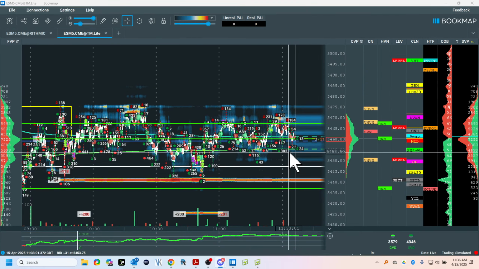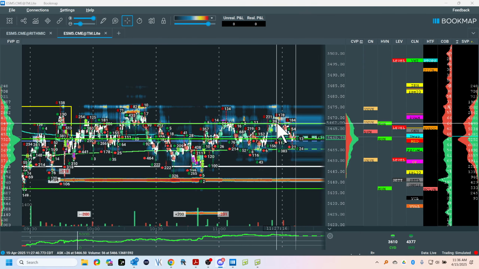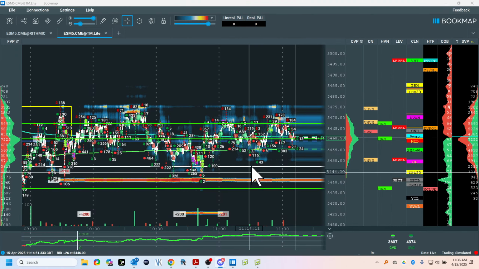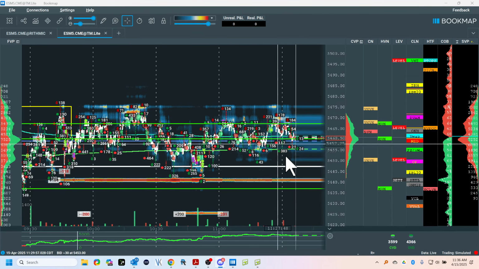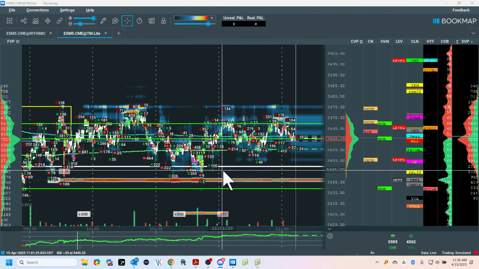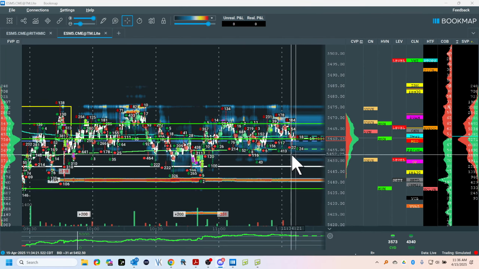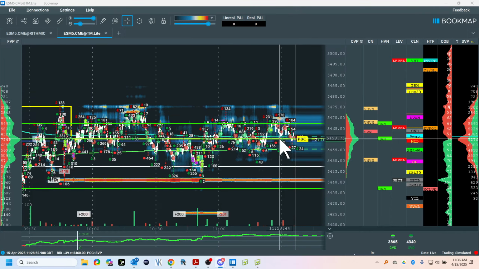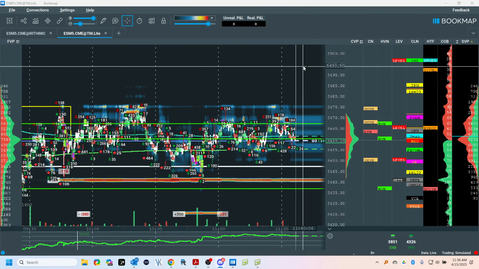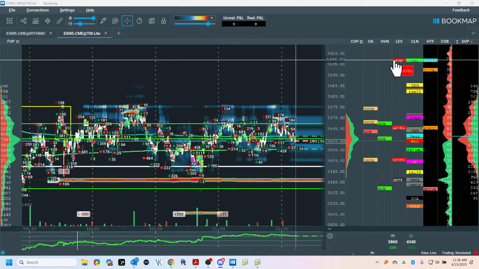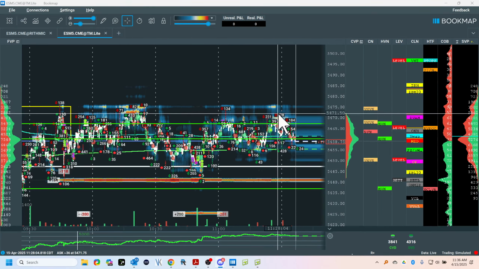Detachment. Okay, where's my next location? Where's my resistance? Where's my support? Where do I want to engage? If I come outside, I'm going to be looking out here because I'll take these stops out. If I just come under here and I see absorption, I'm coming back there. If I get through here, I'm coming out there, and I've got my target up here. If neither of those things happen, I'm hanging out.